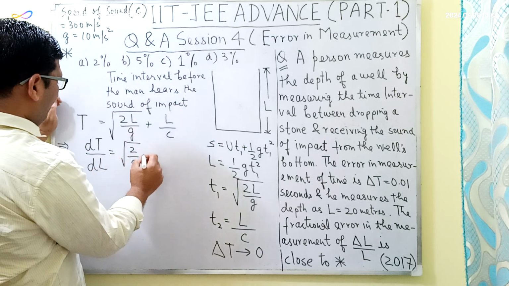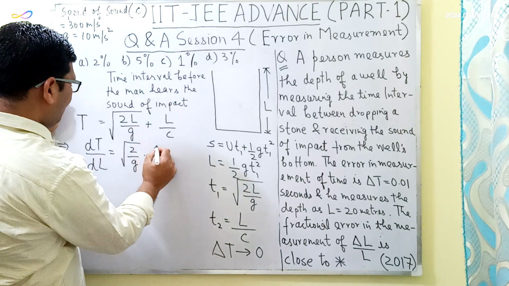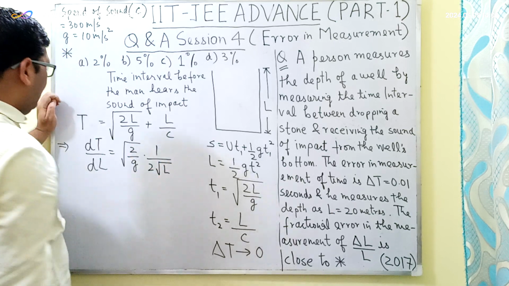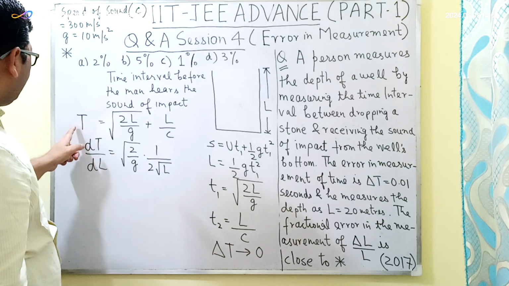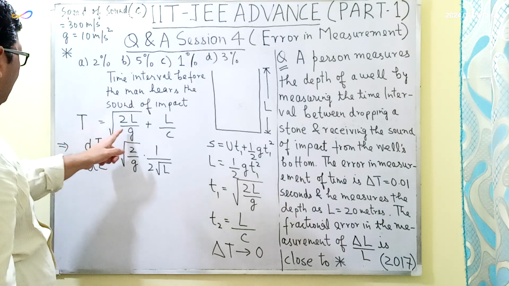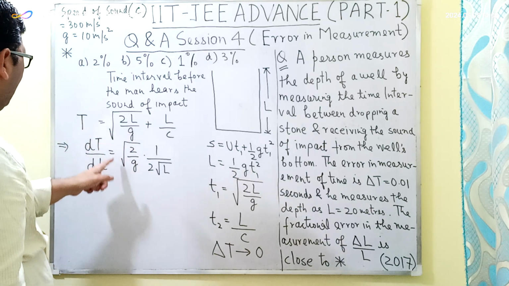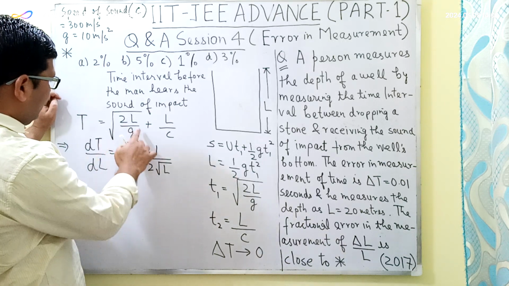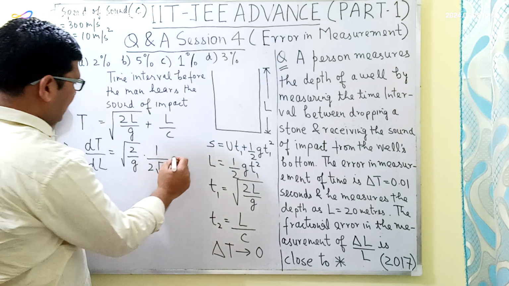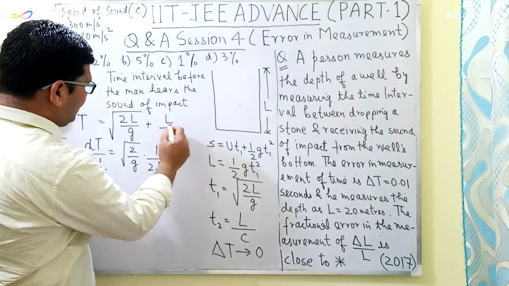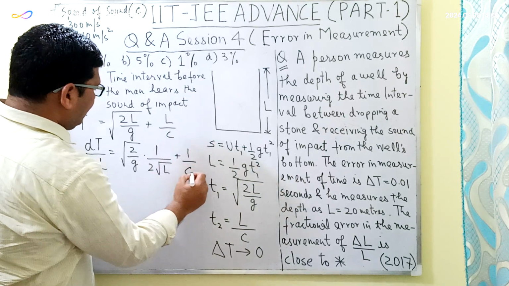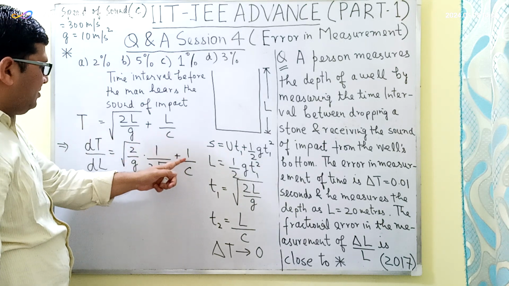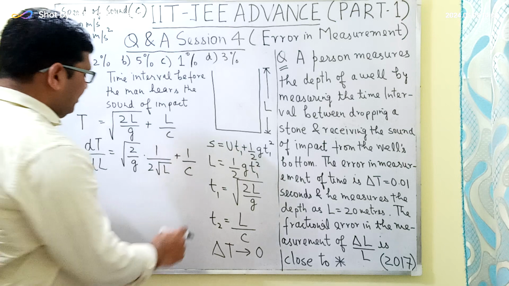So I will be getting it as 1 divided by 2 root L, because after differentiating this term with respect to L, I will be getting under root 2 upon g, this is a constant, multiplied by 1 upon 2 root L, plus, here c is a constant, so I will be getting here 1 divided by c.